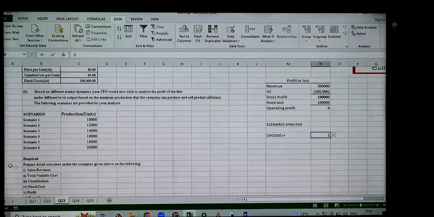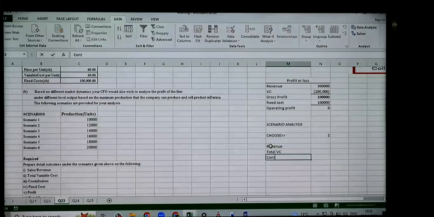You've been required to prepare a detailed outcome under the scenarios given above on the following. So we'll be looking for the revenue. It's like an income statement. Shift the revenue tab, the total variable cost, then the contribution.